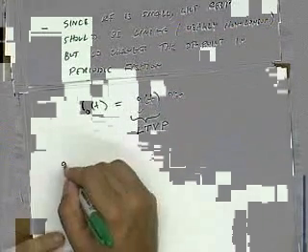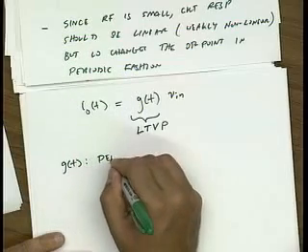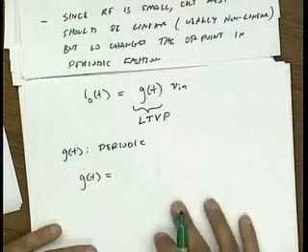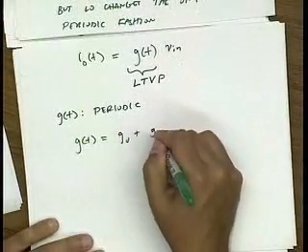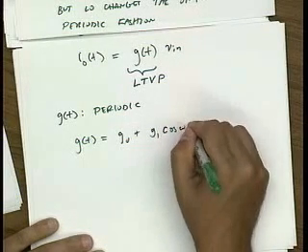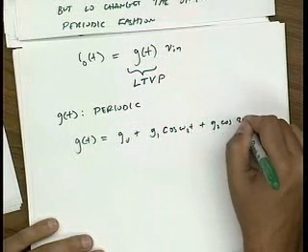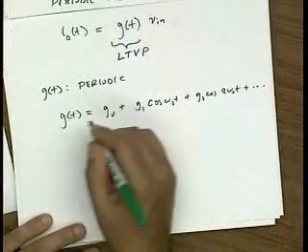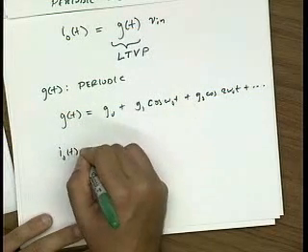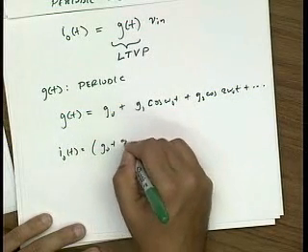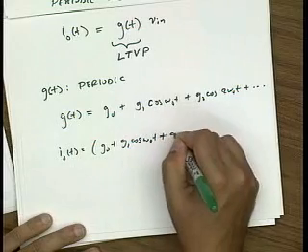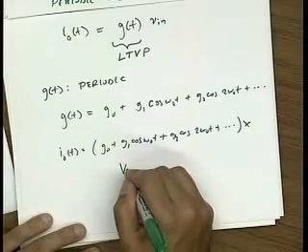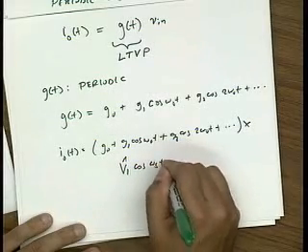And because G of t is periodic, we can write the transconductance as a Fourier series, and so on. Okay? And now when we apply our input signal, the output signal is G0 plus G1 cosine omega naught t plus G2 cosine 2 omega naught t, and so on, times the input, let's say V1 cosine omega s t.